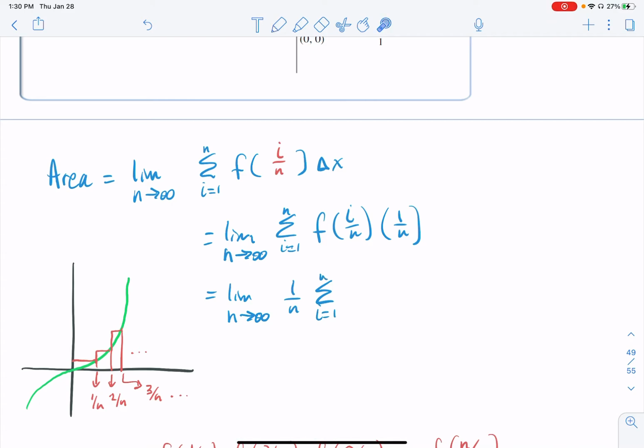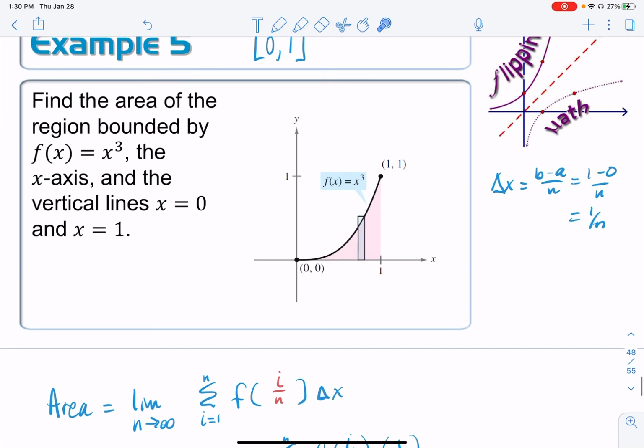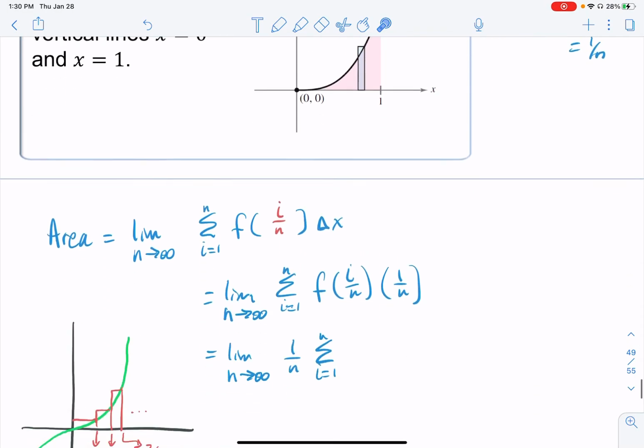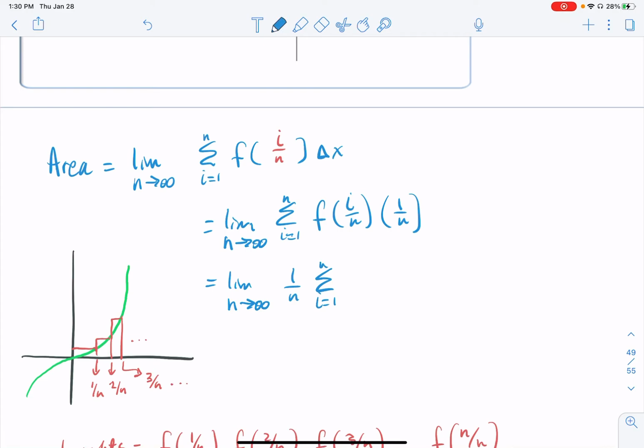And I'm just going to go ahead and plug i over n into our function, and our function was just x cubed. So we just cube this. i over n cubed is just i cubed over n cubed. Once again, i is the variable for the summation, but n is the variable for the limit.